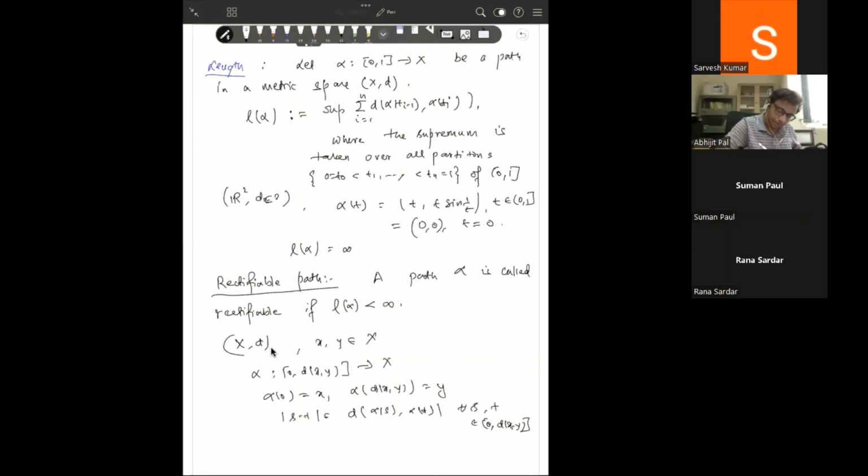So is this equivalent to saying that the length of alpha is equal to the distance between x and y? Okay. So this is an exercise. So this you can try. It's a very simple exercise.